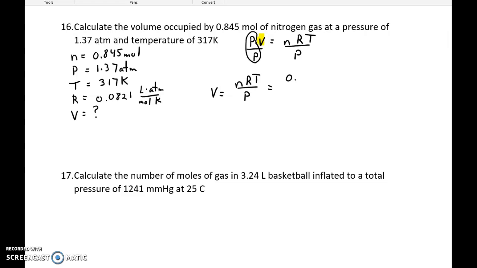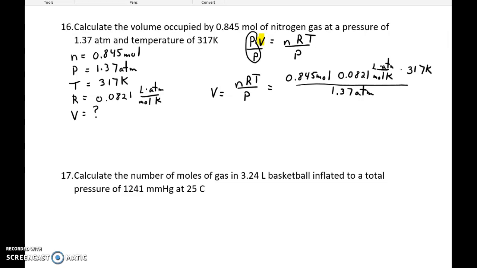N is 0.845 moles. R is 0.0821 liter atmospheres per mole Kelvin. This time I left room for my Kelvin. I've got 317 K. Let's divide that then by the pressure, which was 1.37 atmospheres.